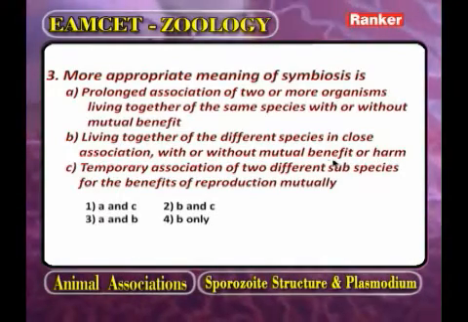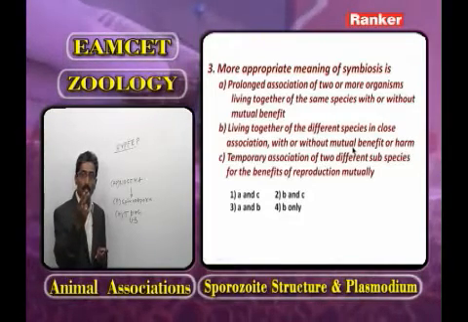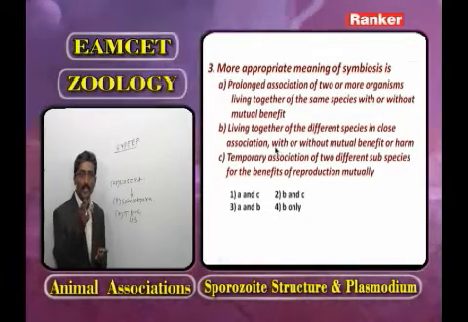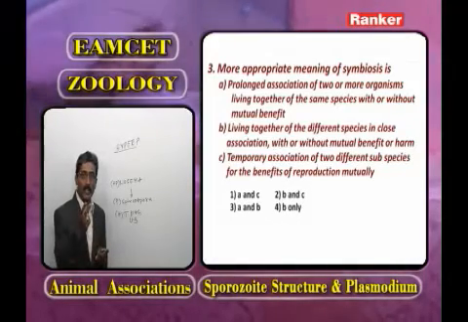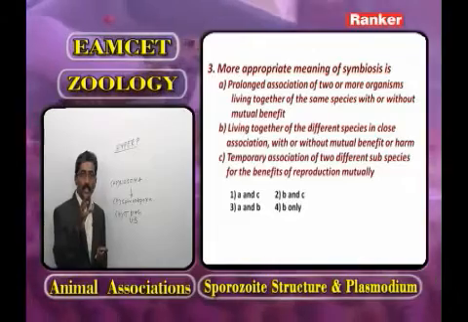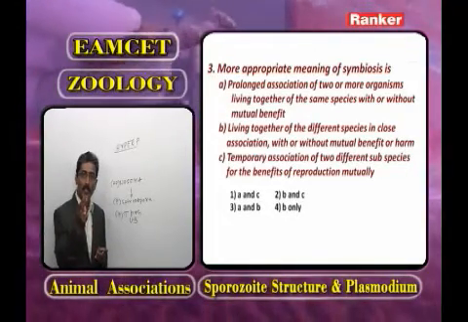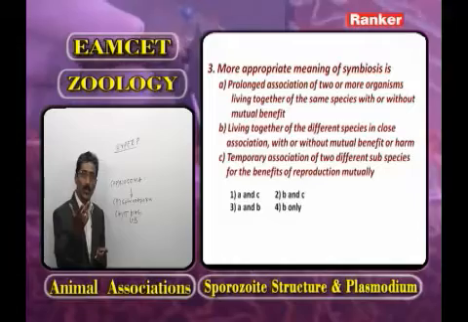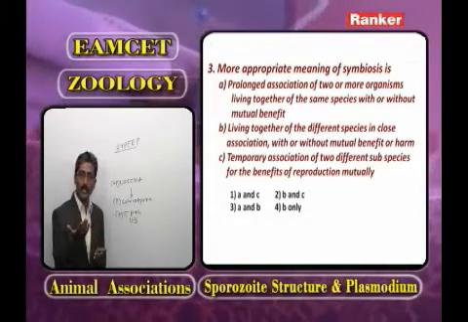We have a good idea regarding animal associations. Mutualism, two organisms of two different species. Commensalism, two organisms of two different species. Parasitism, two organisms of two different species. In mutualism, both are benefited. In commensalism, one is a beneficiary, the second is neither beneficiary nor harmed. What about parasitism?